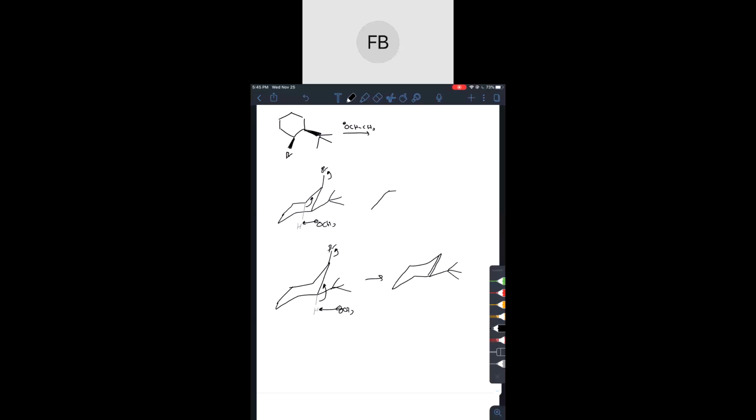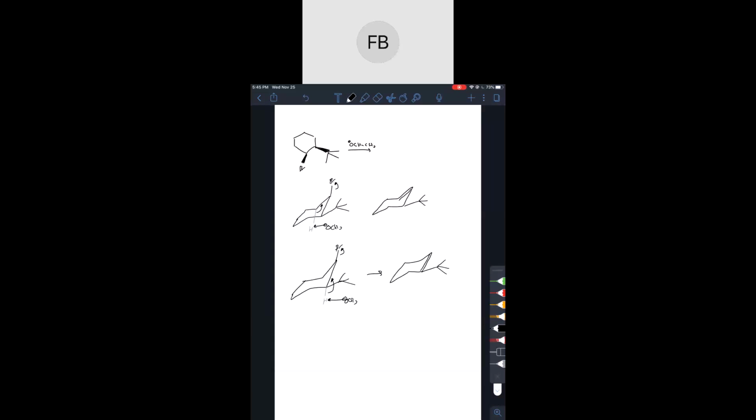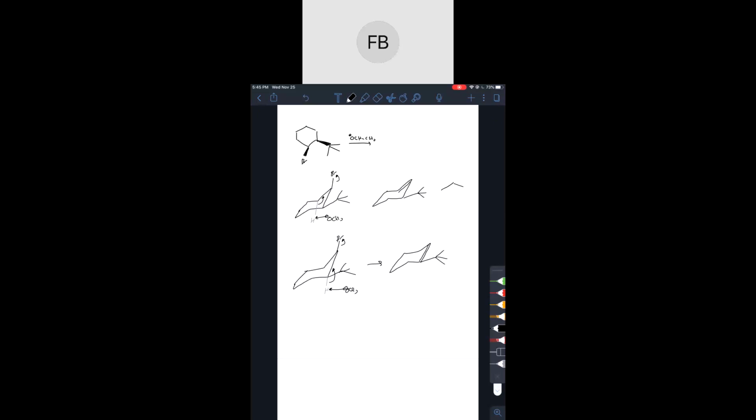The bromine had to have protonated first. So our product is going to look like this, a double bond between that spot, and then we have our equatorial tert group there. When you convert this back into cyclohexanes, this one will just look like a double bond, and then a double bond here.